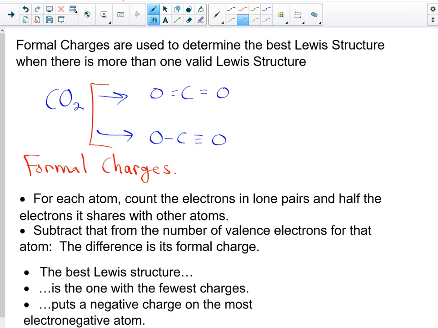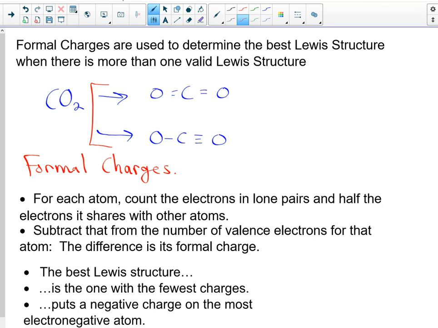All right? So when there is more than one that actually satisfies the previous rules, which was that the least electronegative was in the middle, that we connected everything with at least one pair, then we octet the outside, then we octet the inside.